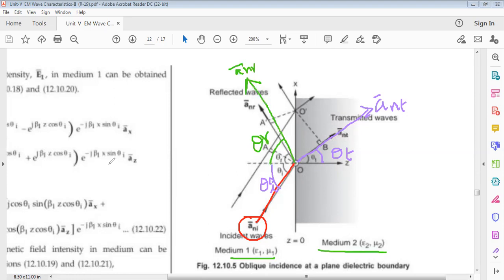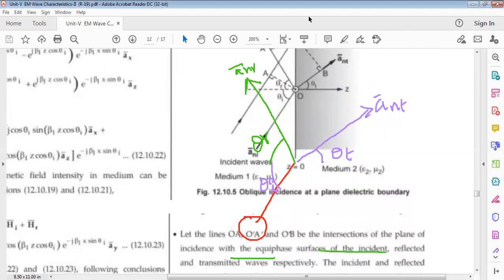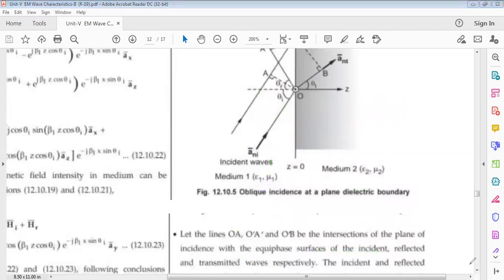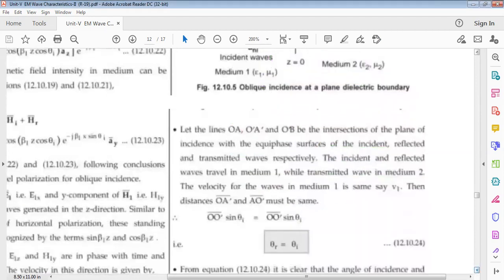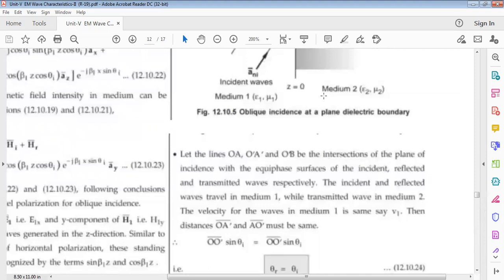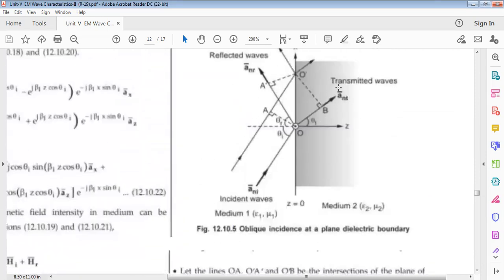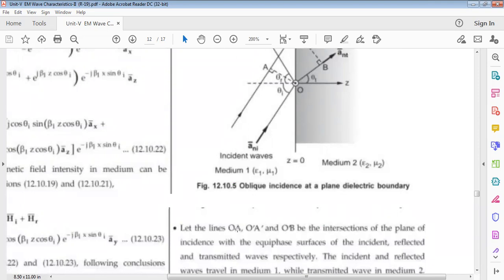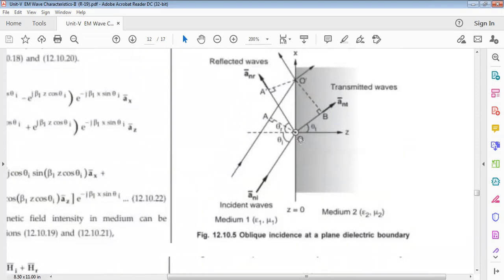This is oblique incidence at a plane dielectric boundary. To find Snell's law of reflection and Snell's law of refraction, we already derived the expressions. Let us see here. Select the lines OA and O'A', whatever it is in this diagram. OA is from the origin to the point A, the dotted lines we have.